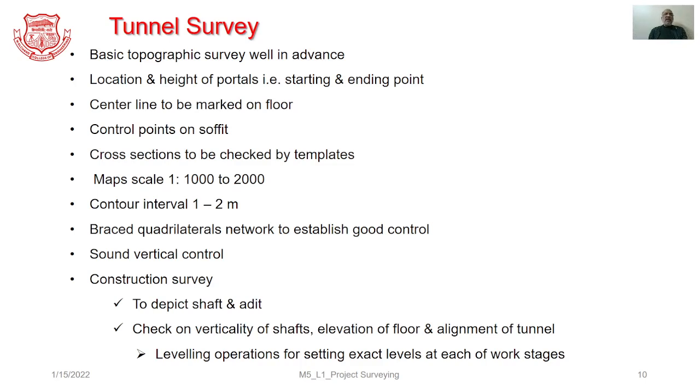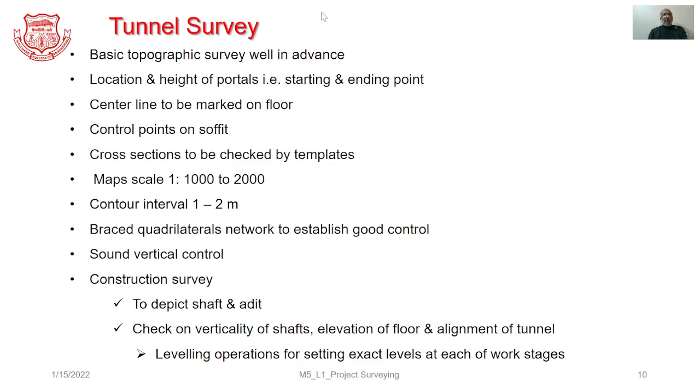The control points are established on the soffit. The cross sections need to be checked by templates. The scale followed for the preparation of the maps is 1 is to 1000 to 1 is to 2000. Contour interval chosen for the surveys is 1 to 2 meters.